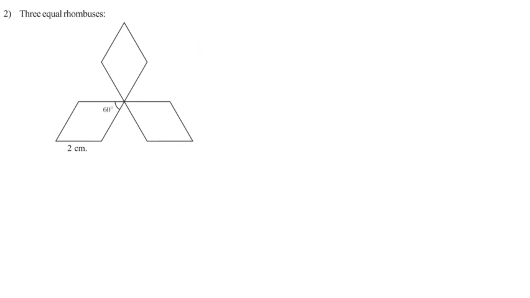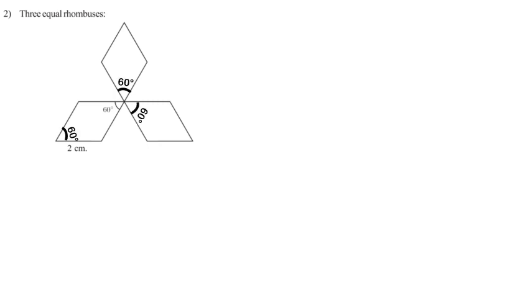Let us see the second figure, three equal rhombuses. In this figure, they have given one side and one angle. And you know all sides of a rhombus are equal. And we know opposite angles of a rhombus are equal. So the angle opposite to 60 degrees is 60 degrees, which is the same for all three equal rhombuses.